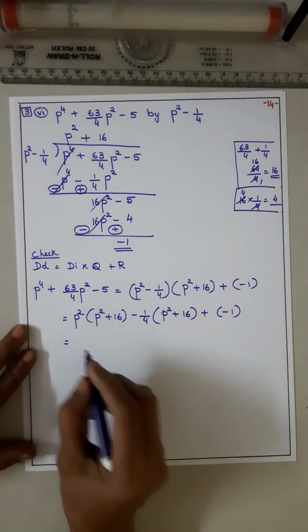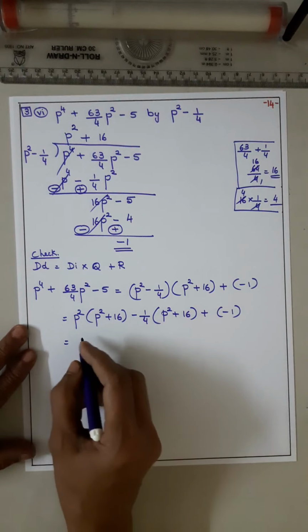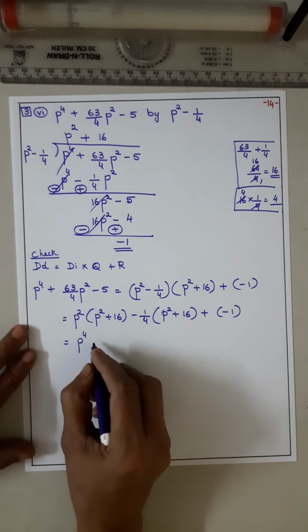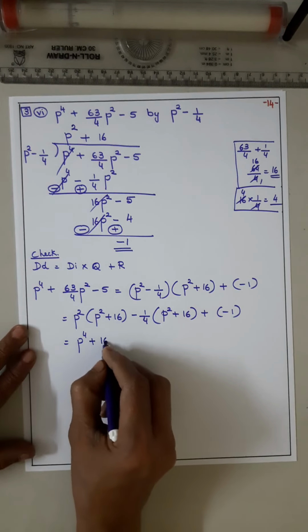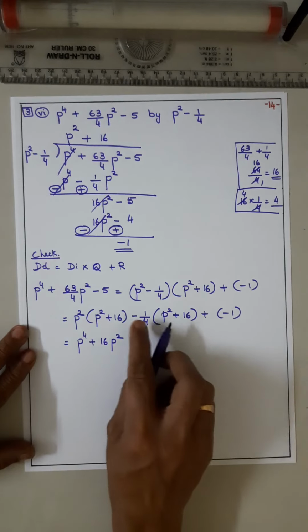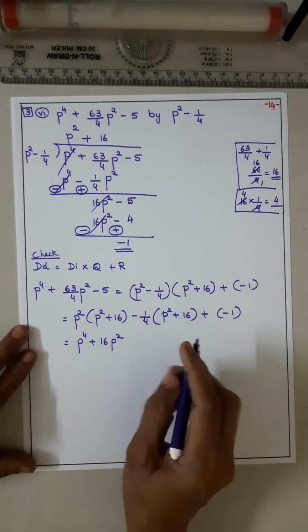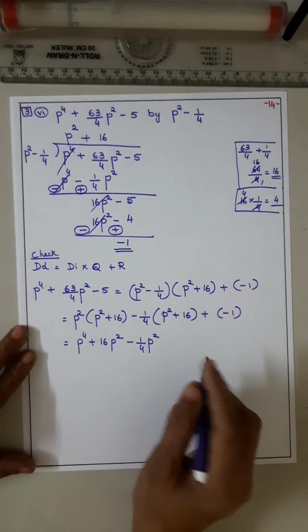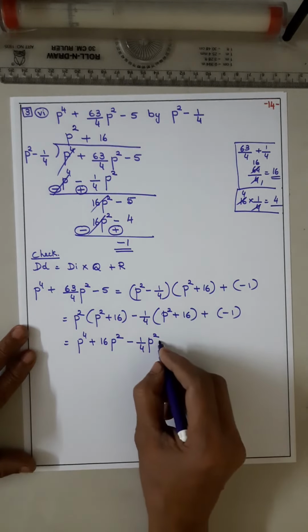Is it clear? p squared, add the powers, p to the power 4. p squared into 16p squared. Now this one will be minus 1 by 4 p squared.